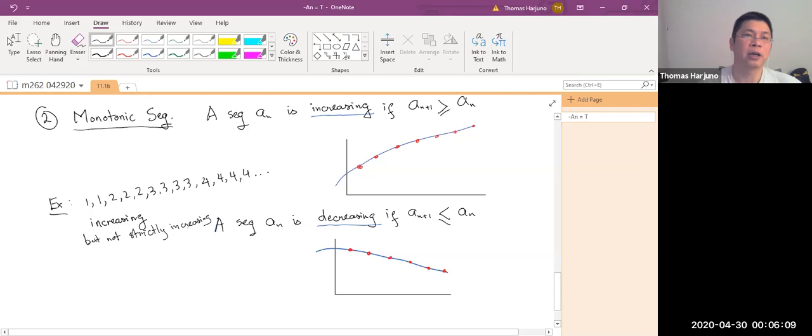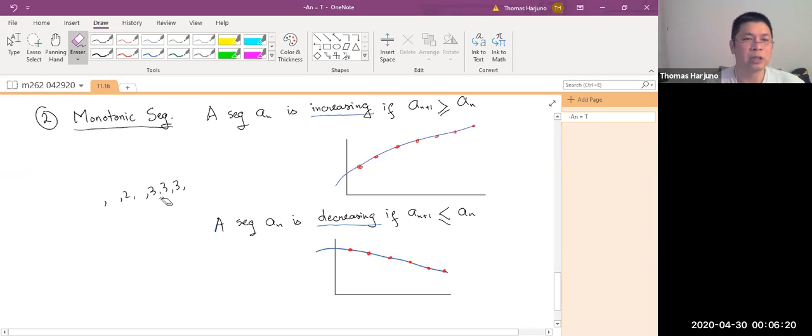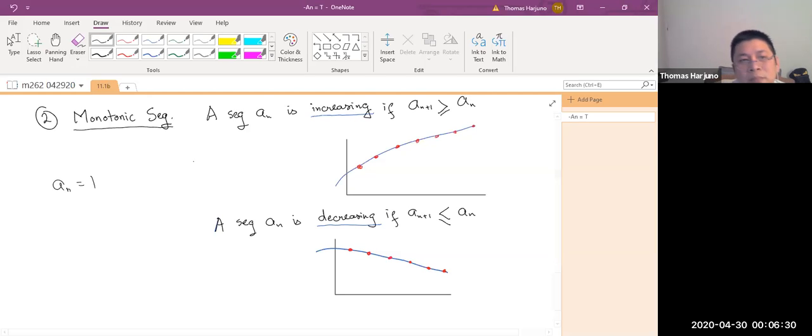Now, you may be surprised when I ask: is the following sequence decreasing? Is this sequence decreasing? No? Does it satisfy this rule?